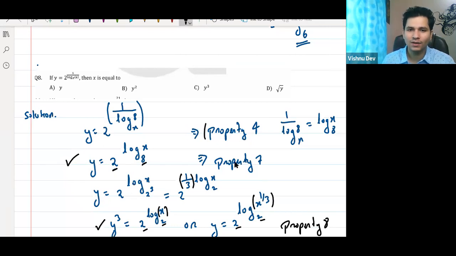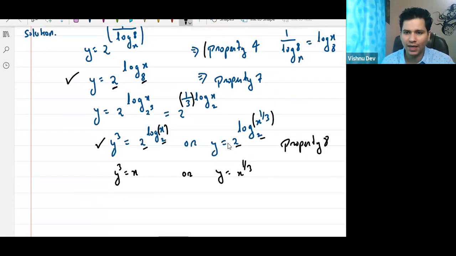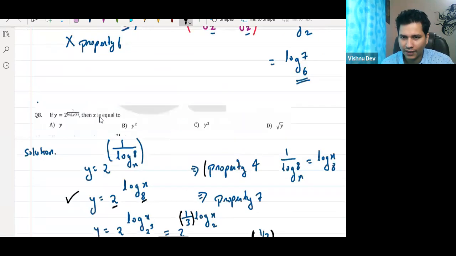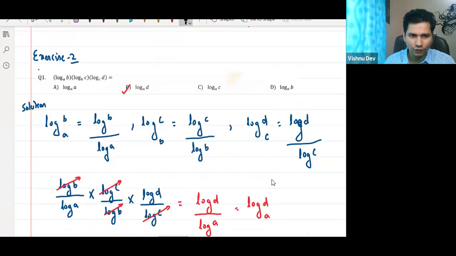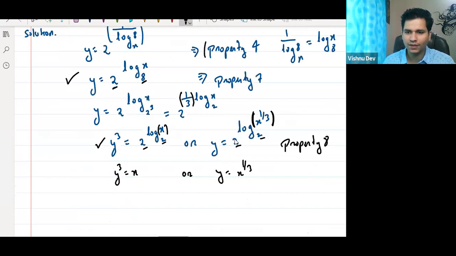See, the last step is a direct property: 2 to the power log 2, and this is x power 1 by 3. So the last step is just the property a to the power log b base a is equal to just b. In the same way, a to the power log b base a is just b. ठीक है? समझ में आ गया?